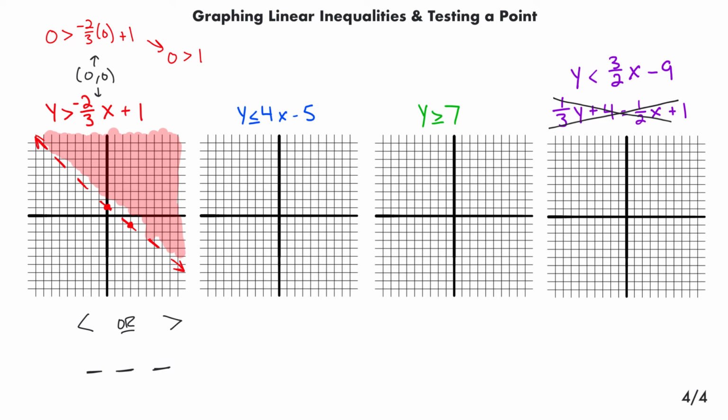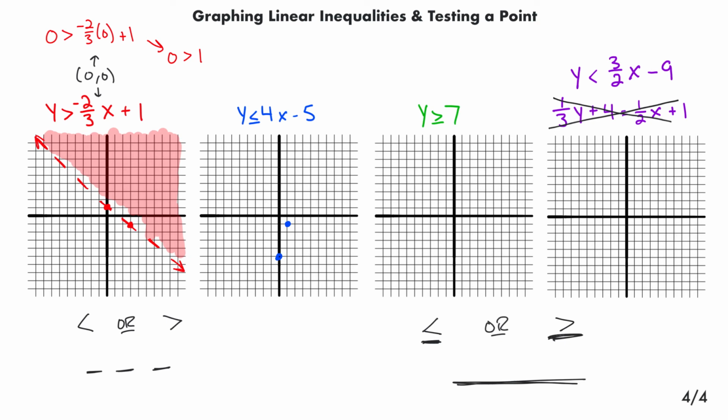Number 2, I'll graph this one fairly quickly. I'm going to go down 1, 2, 3, 4, 5, which is right here. Slope is 4 over 1. And this one's going to be a solid line because the less than or equal to symbols or the greater than or equal to symbols have solid lines. You can kind of tell because they're underlined by a solid line.